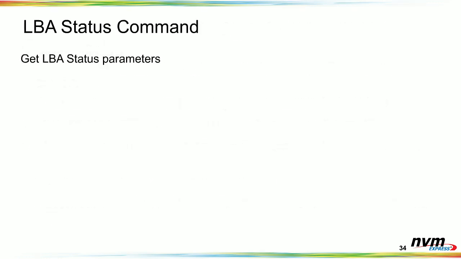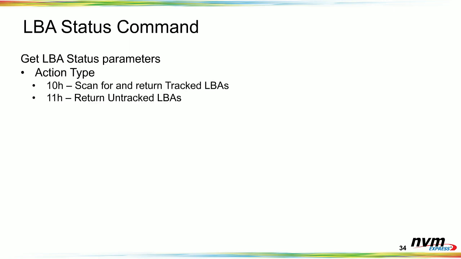So the Get LBA Status command has the get LBA status parameters. And you have an action type. The action type tells you either return tracked LBAs, which are already there, or scan for and return untracked LBAs.